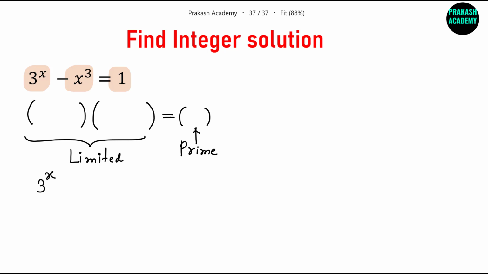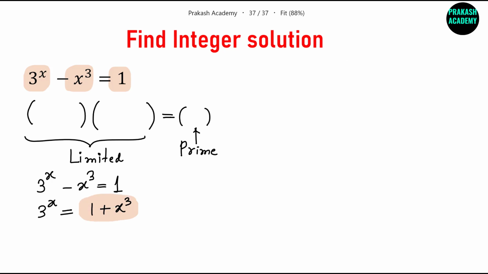So we have 3 raised to the power x minus x cube is equal to 1, and I can rewrite that as 3 raised to the power x is equal to 1 plus x cube. Now as I see 1 plus x cube, I get a hint that I can expand this term.